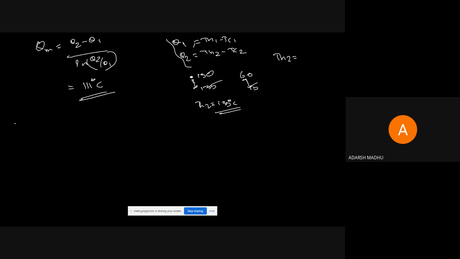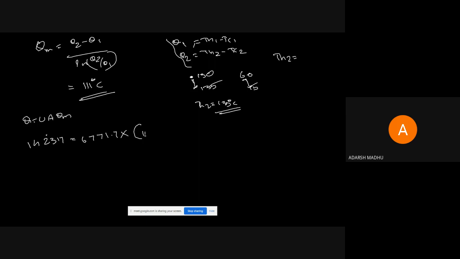Thereafter apply the equation Q equal to U A theta m. U is given as h bar. So 142317 equal to U value 6771.7 into area.